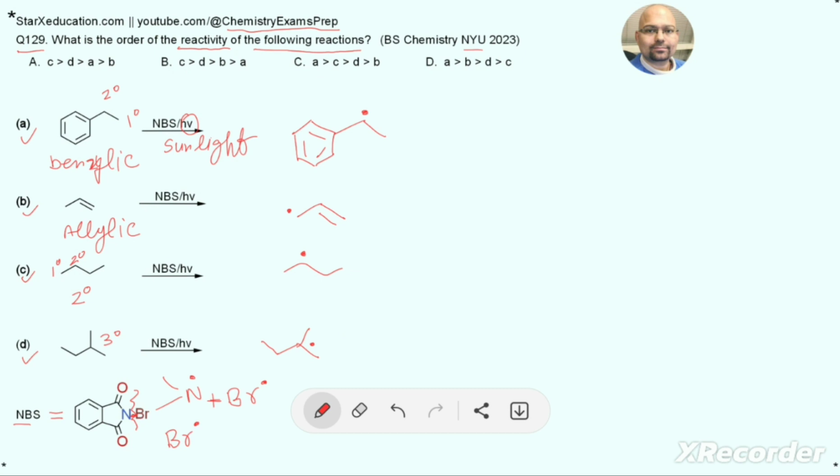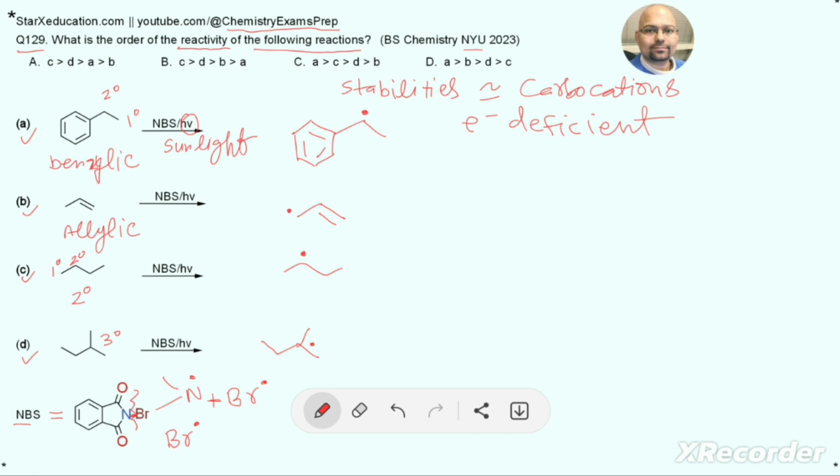So now the stabilities of these radicals is similar to that of carbocations. The free radicals are electron deficient species, just like the carbocations.